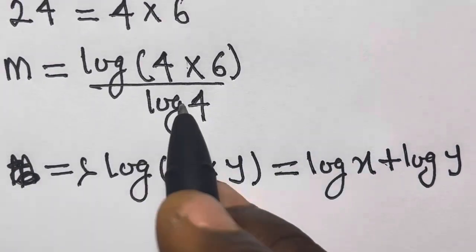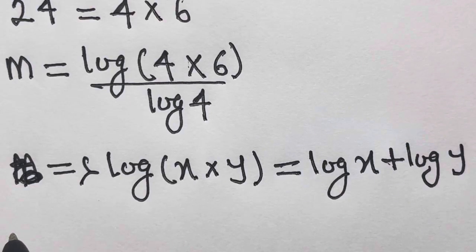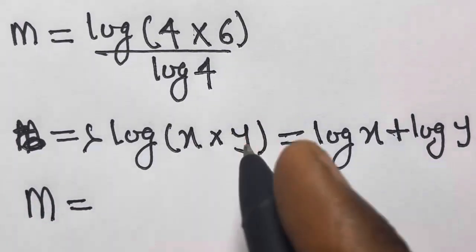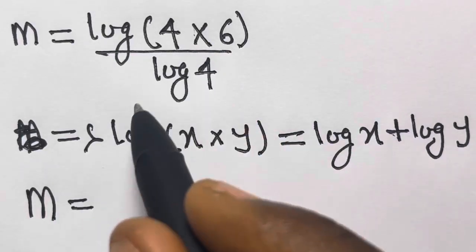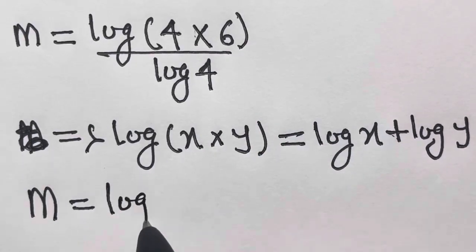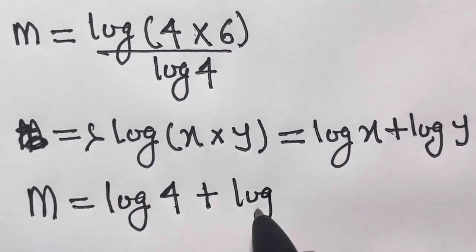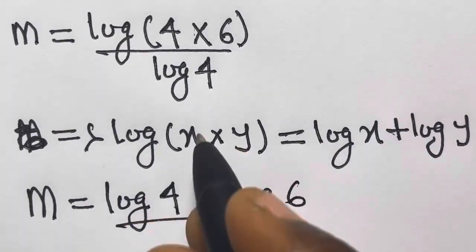So if we apply this, we are going to have m equals, we change this multiplication to addition, log 4 plus log 6 divided by log 4.